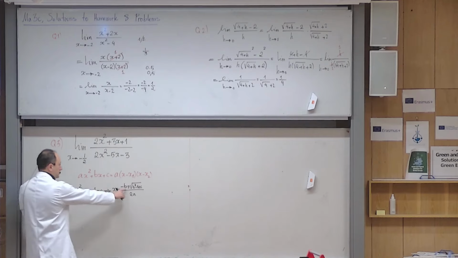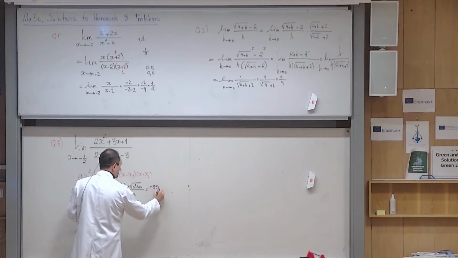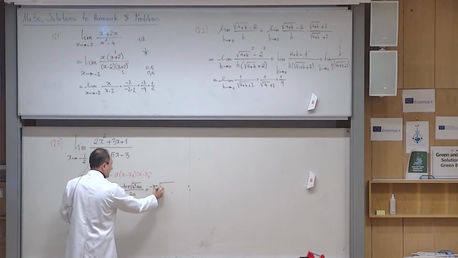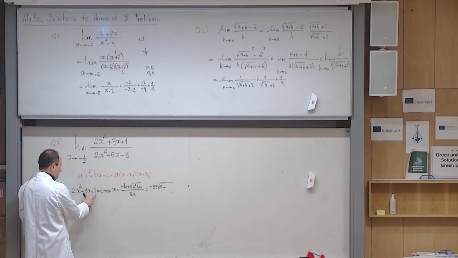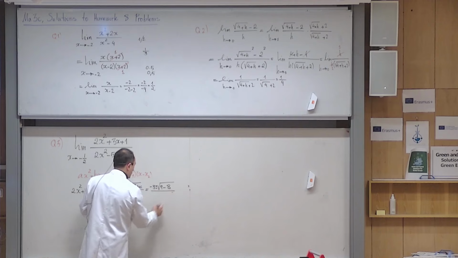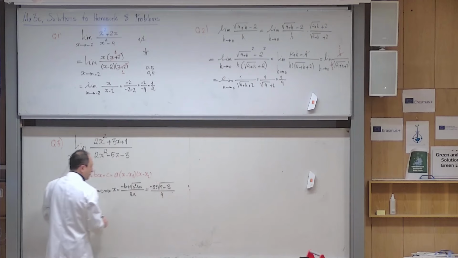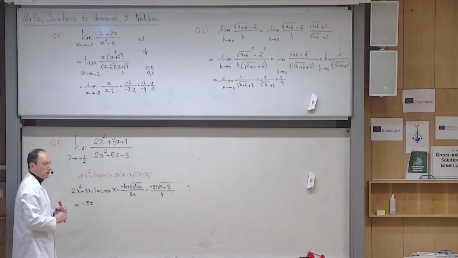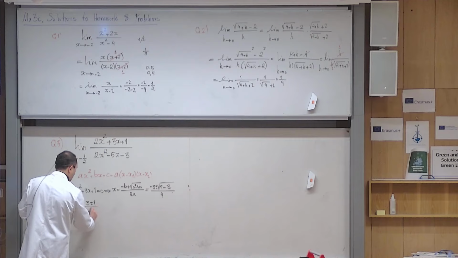So minus b is minus 3 plus or minus square root of 3 to power 2 is 9 minus 4 times this number times that number, which becomes 8. Yes? And then divided by 2 times this number, which is 4. So it becomes minus 3 plus or minus 9 minus 8 is 1. Square root of 1 is 1, and then I divide it by 4.